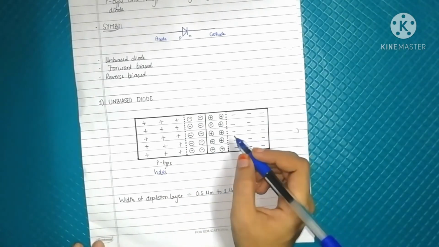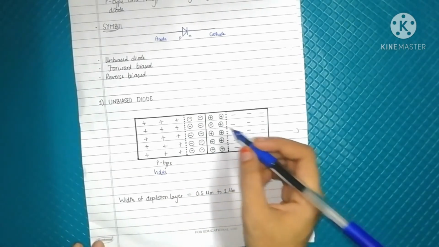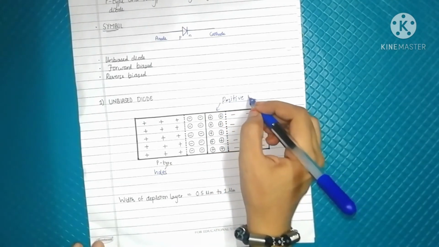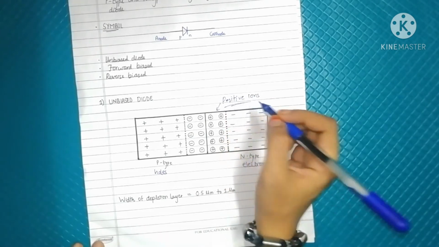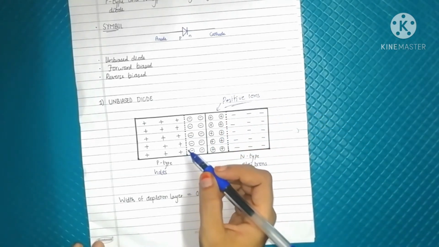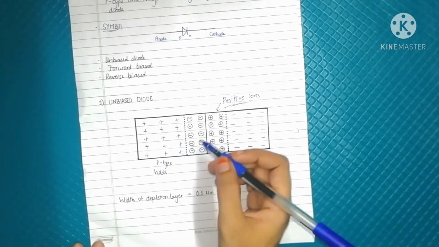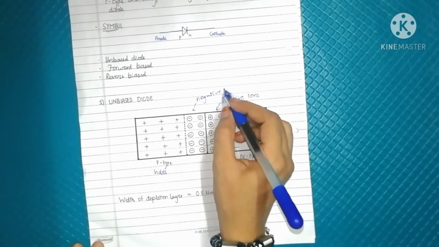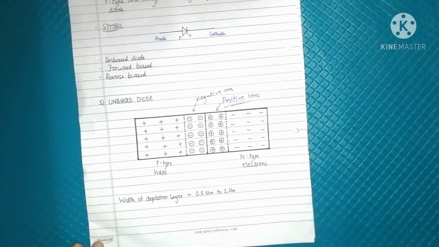First ion will be created when it leaves the N region, so a positive ion will be created. And next, when it will enter the P-type region and after recombining with the hole in the P-type region, a negative ion will be created. These ions are immobile in nature, that is, they cannot move.